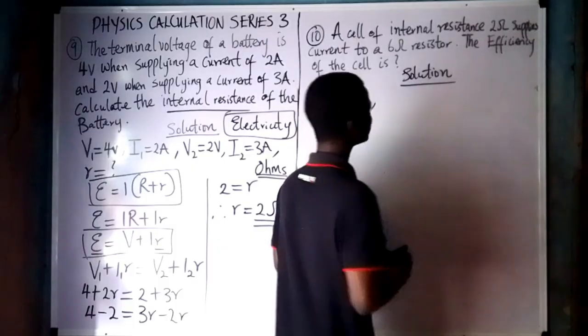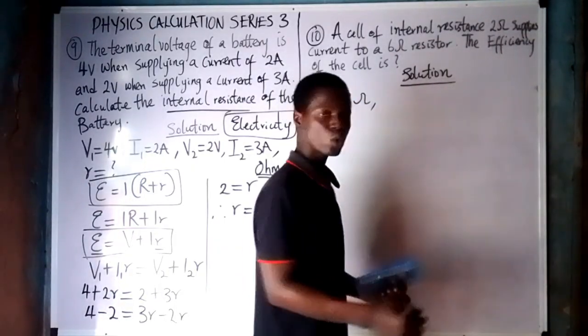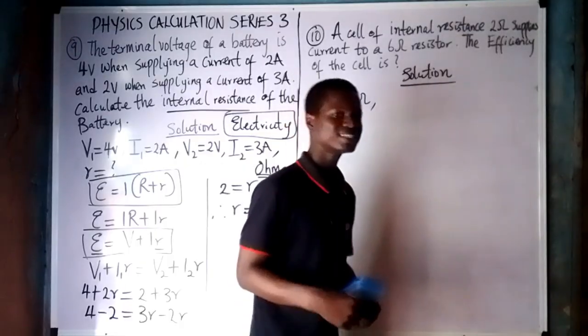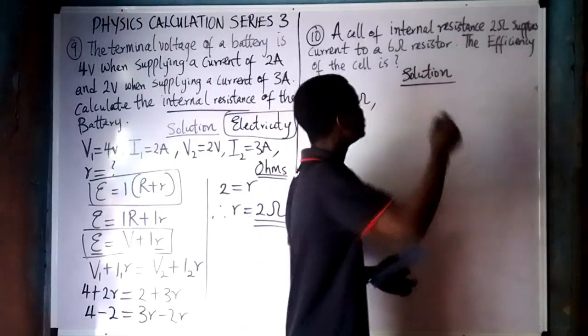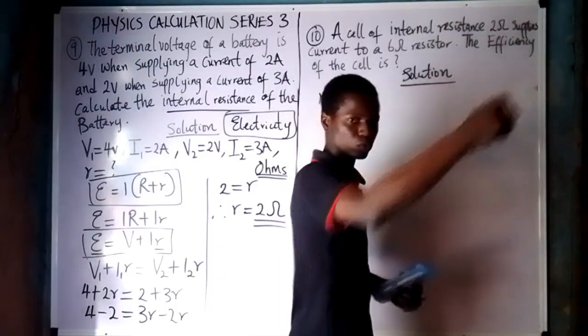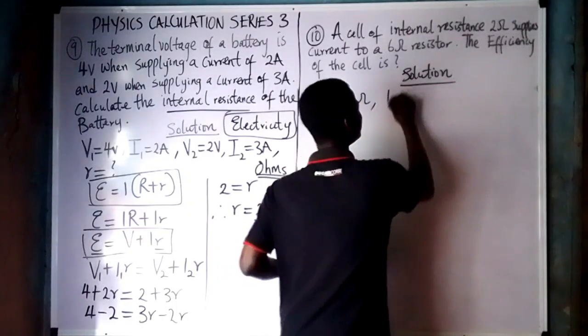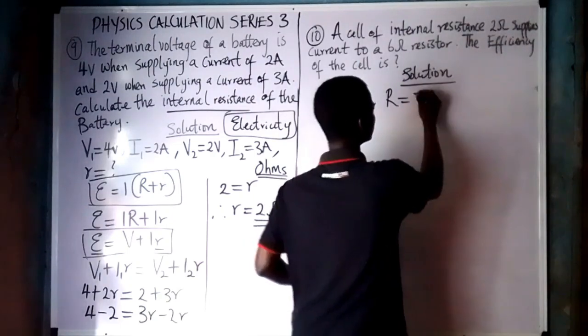They said it supplies a current to a 6 ohm resistor. Now that 6 ohm resistor is outside of the cell, so it's an external resistor. Now for external resistor under EMF, you represent them by big R. So big R is equal to 6 ohms.